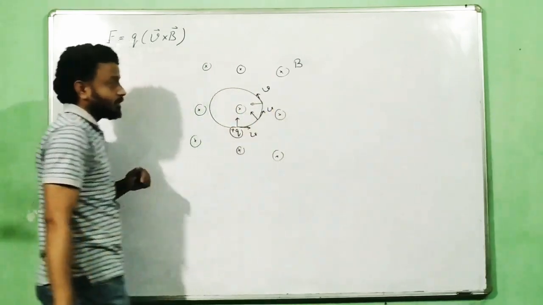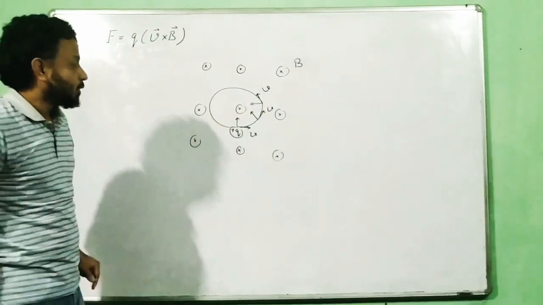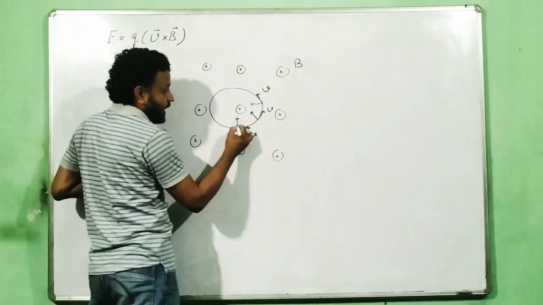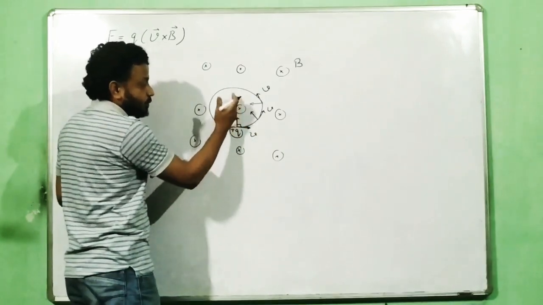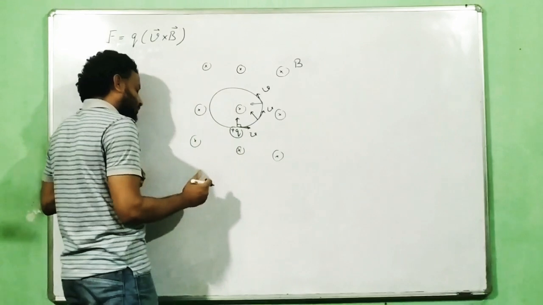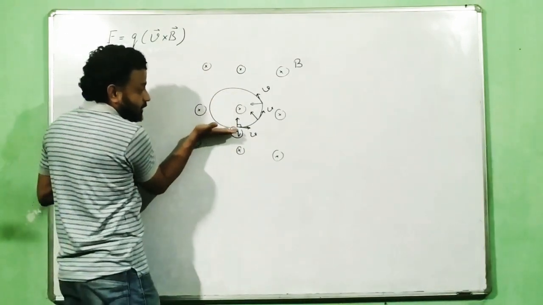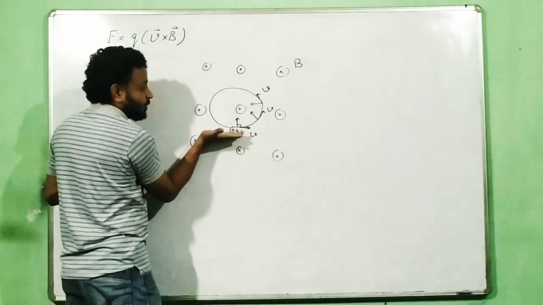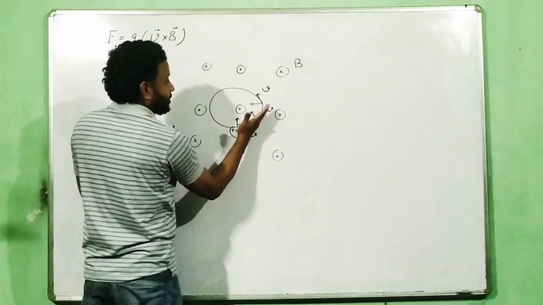So ultimately, eventually what will happen? It will keep on moving in a circular path, because every time the velocity and the force will be perpendicular to each other, and this force will point towards the center. Instead of the velocity going in the straight direction, it will always take a bend. It will not go like this, again it will take a bend.